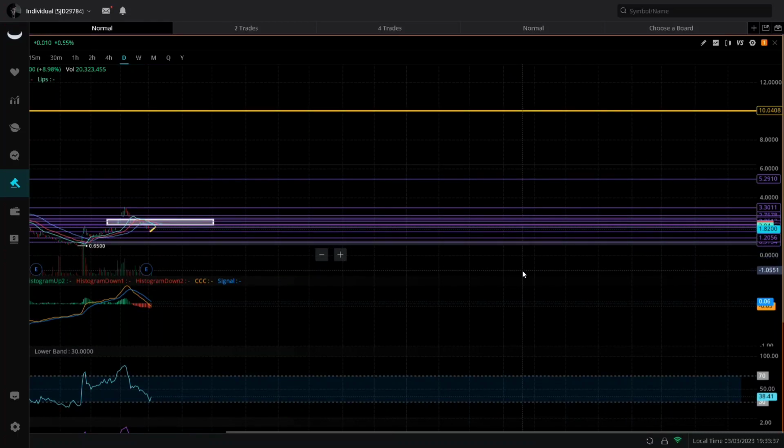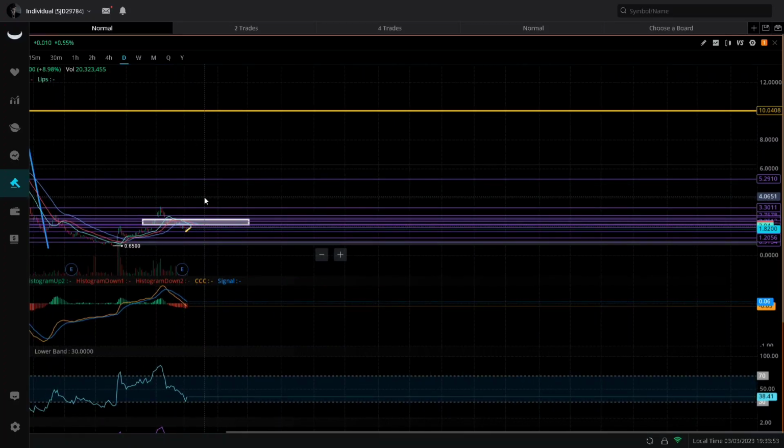If it breaks below $1.20, I don't think that is a possibility, but that would be an extreme buy in my personal opinion, because I know there's going to be an extreme bounce back to the upside. But I'm thinking that APE is going to get very volatile over the next coming weeks, and we're going to see some extreme price action.